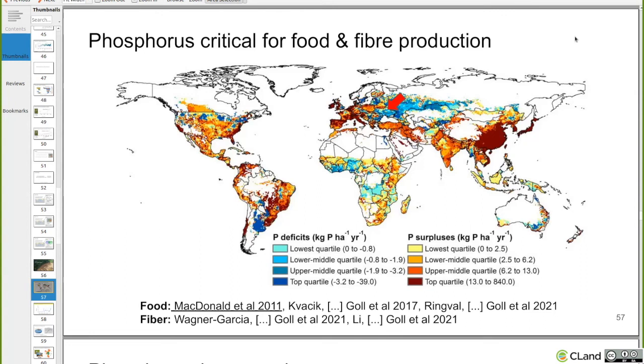As you might know, Russia and Ukraine are important food production countries, but they don't apply as much phosphorus as they could to maximize their yield, apart from the war. So it's critical for food and fibre production, but very unevenly distributed or used.